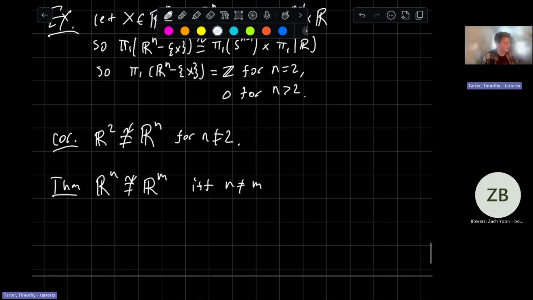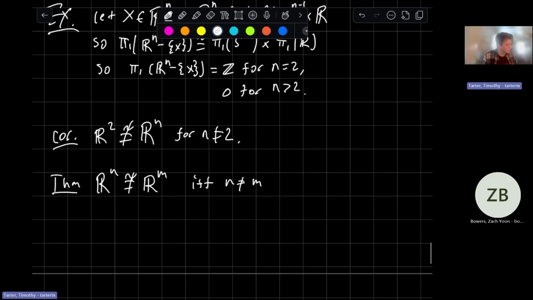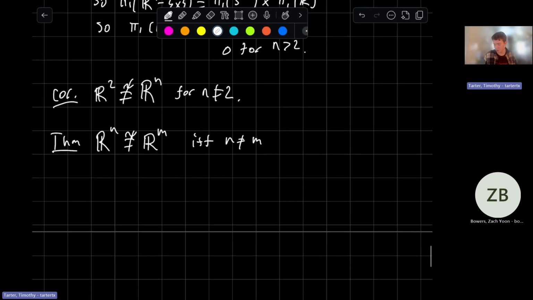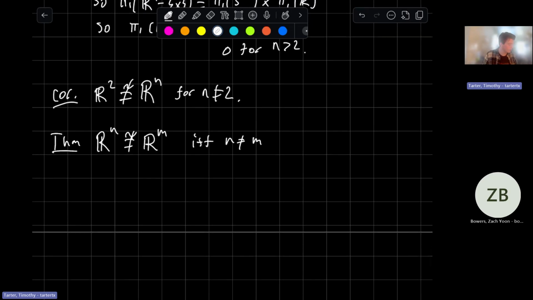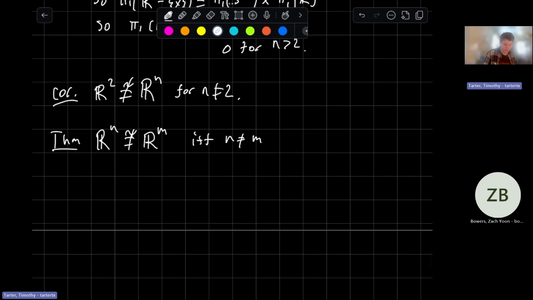Induced homomorphisms allow relations between spaces to be transformed into relations between their fundamental groups. So fundamental groups are the invariant that we're looking for on a lot of these spaces.